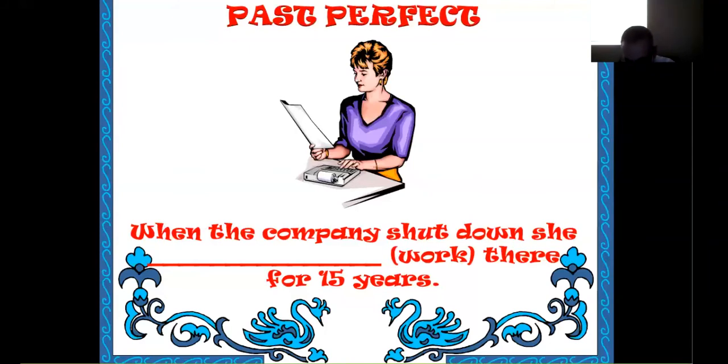So the shutting down is in the past simple, then had worked is the past perfect. When the company shut down, the outcome or the result is the shutting down of the company. But before this, what happened? She had been working. The first action, she had been working for many years.